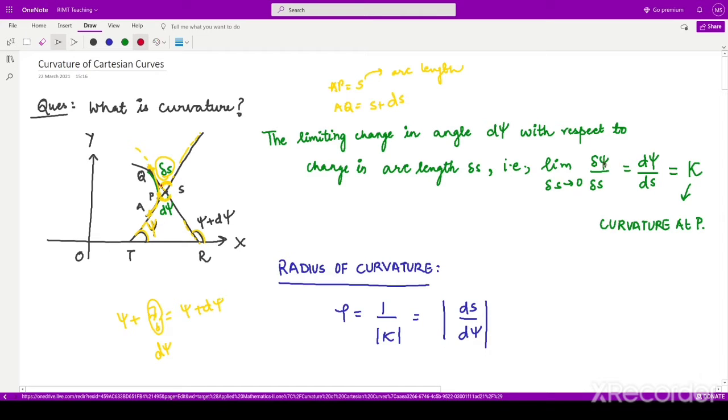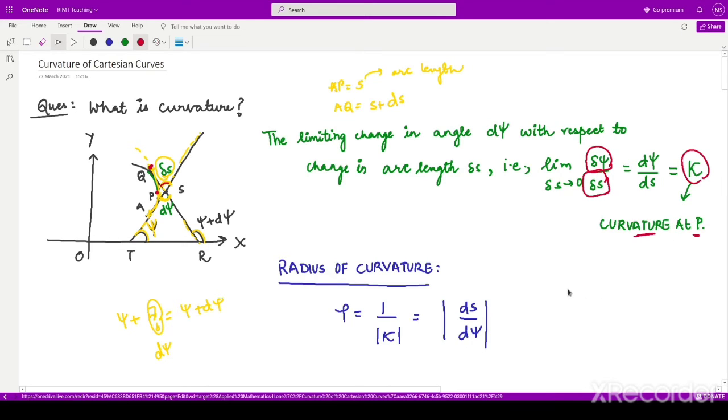So whatever is the change in this particular angle due to the change in this arc length, small distance PQ, whenever this small distance goes to 0, that means the point P and the point Q are sufficiently close to each other, then we say this is equivalent to d psi by ds, the derivative of this angle with respect to this arc length, and this is denoted by this symbol kappa, and it is known as the curvature calculated at some point P.